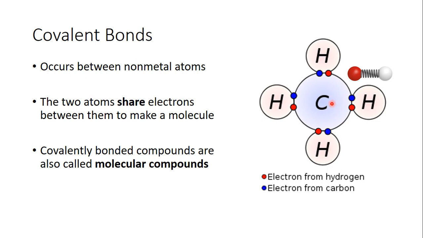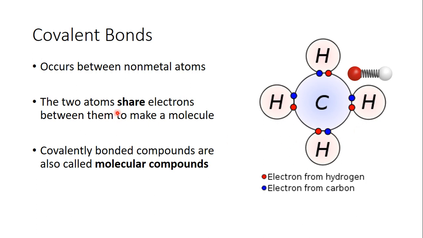The next type of bonds are covalent bonds, and these happen between nonmetal atoms. So for example, carbon and hydrogen, both nonmetal atoms. Here, instead of one atom giving an electron to another atom like we have in ionic bonds, in a covalent bond, the atoms share electrons. That's shown here, where the red is electron from hydrogen, blue is electron from carbon.